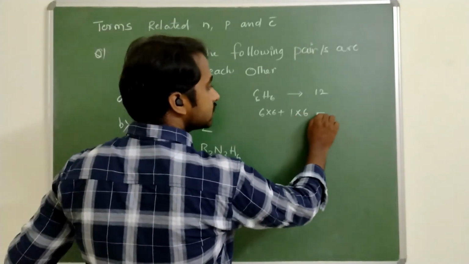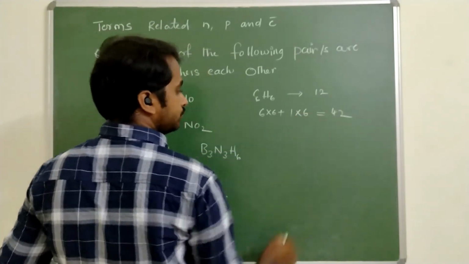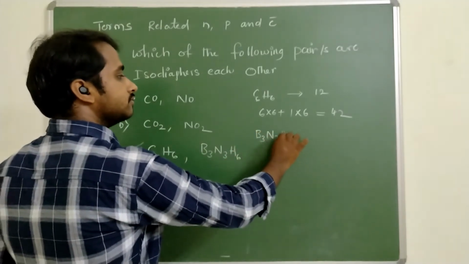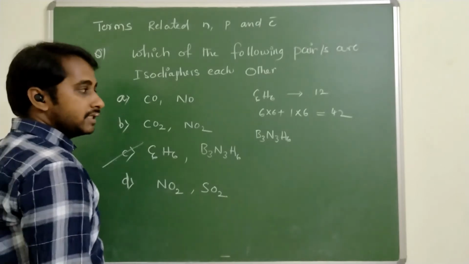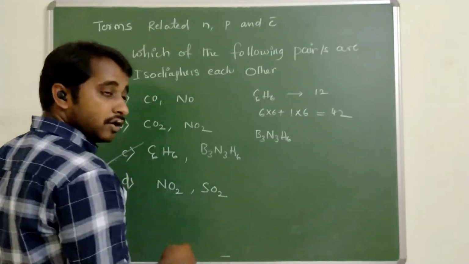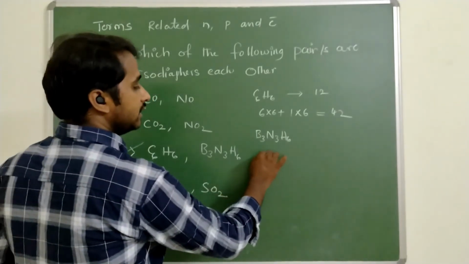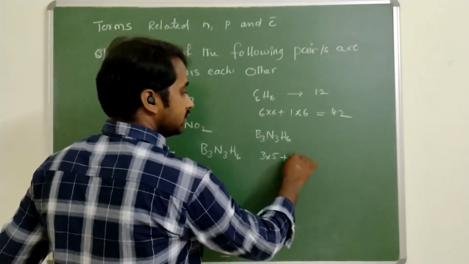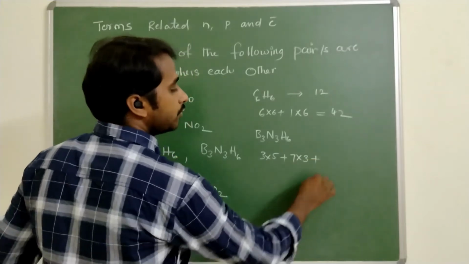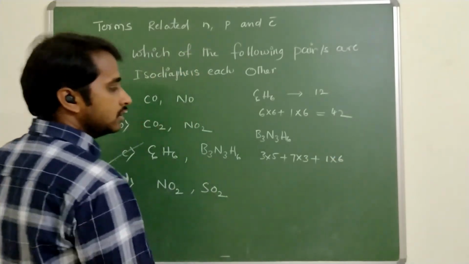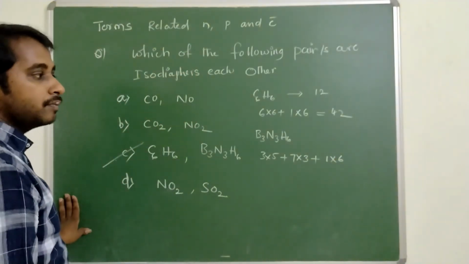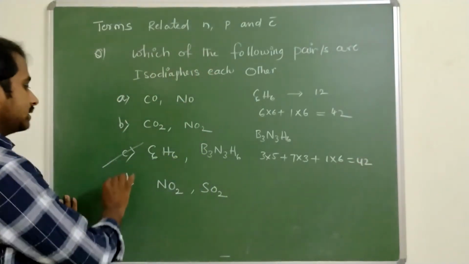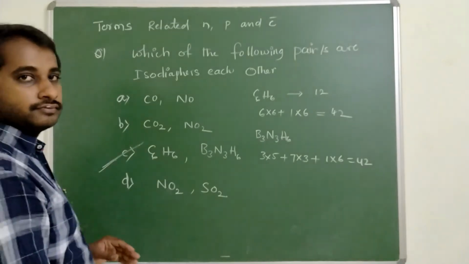So 36 plus 6, 42. Coming to B3N3H6, boron atomic number is 5, so 3 into 5, plus nitrogen atomic number is 7, 7 into 3, plus 1 into 6. 15 plus 21 plus 6. Again it is 42. So the answer is C.